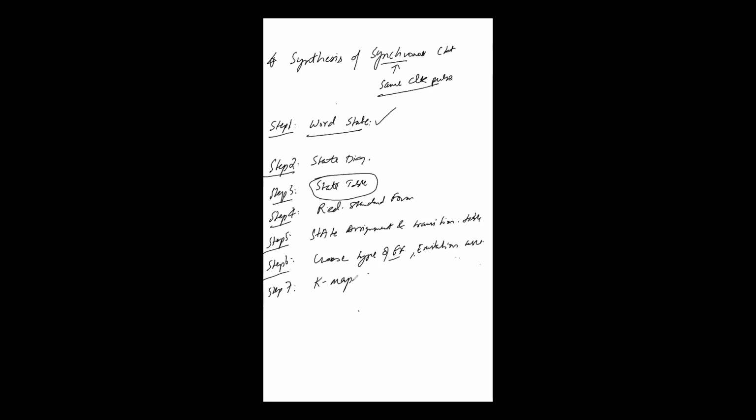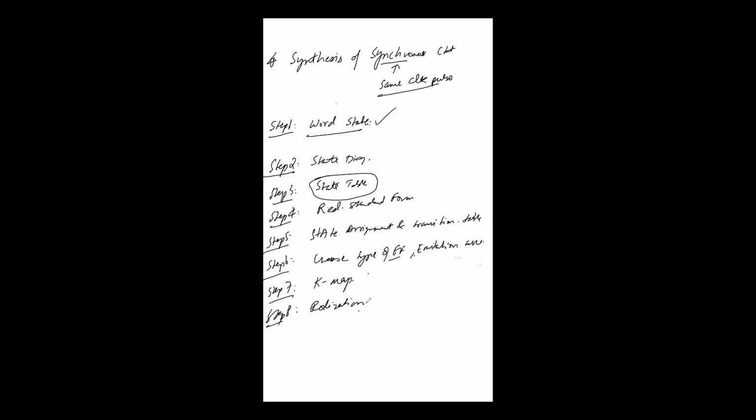You have to obtain the minimal expression using K-map. Step number eight is realization. So these are the eight different steps that you have to follow while solving any problem. We will see all these steps while solving a problem.